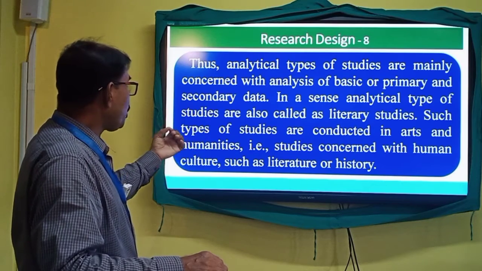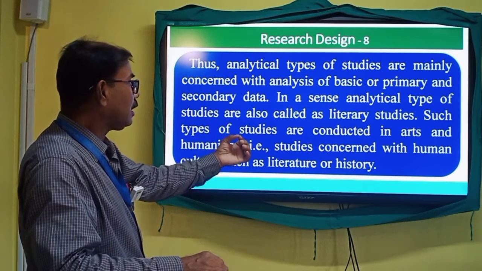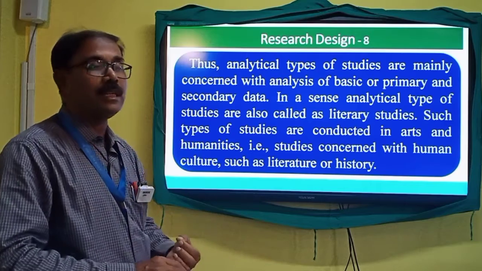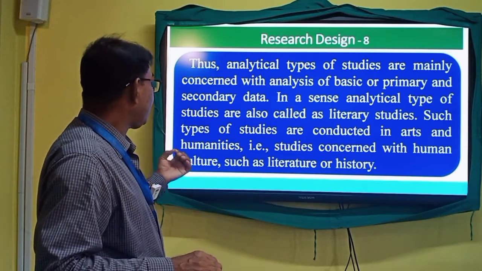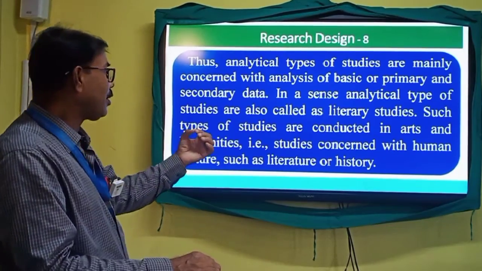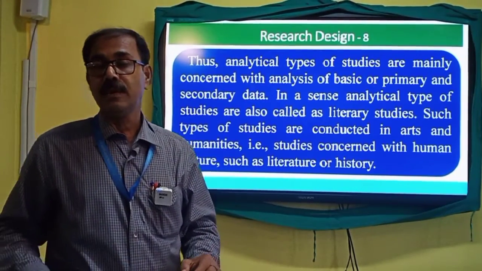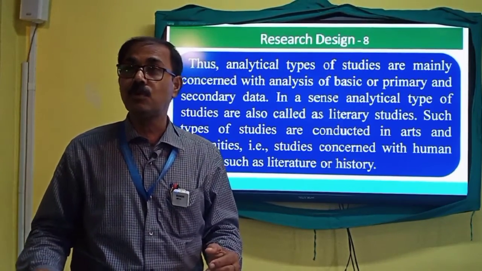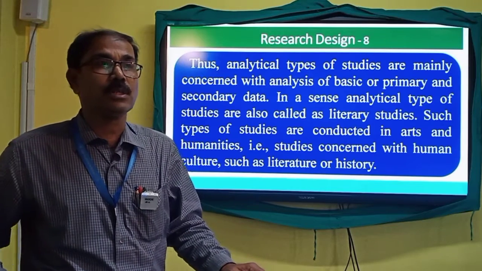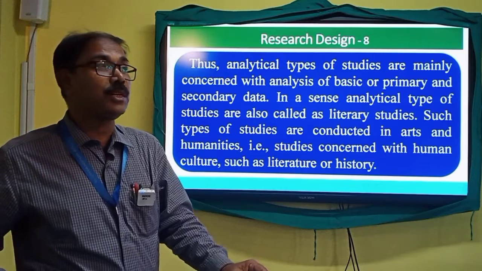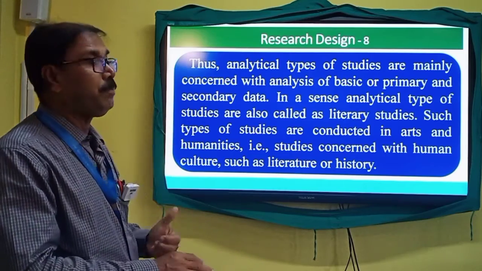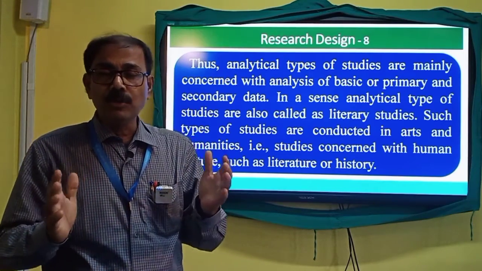Such types of studies are conducted in arts and humanities, that is, studies concerned with human culture such as literature or history. We had discussion about qualitative research methodology. At the same time we discussed quantitative research, and now today we have found two categories.